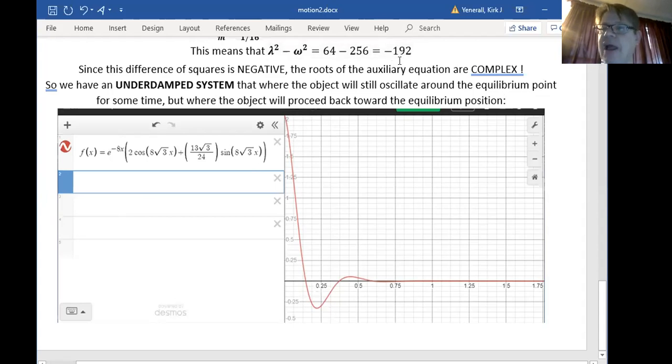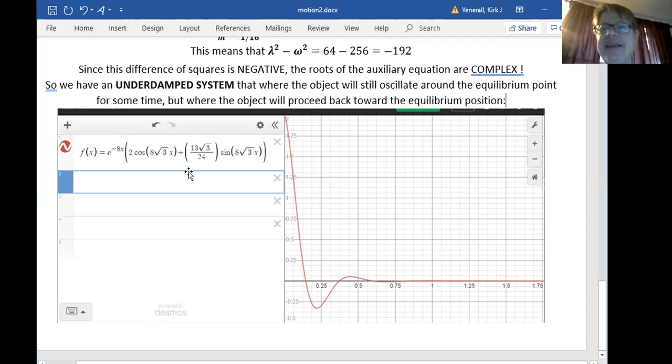These constants here, 2 for C1 and 13 root 3 over 24 for C2, come from applying the initial conditions for this particular problem. Again, I'll leave that as a fun exercise for you to verify that those are the correct constants C1 and C2 that match the initial conditions that we had.